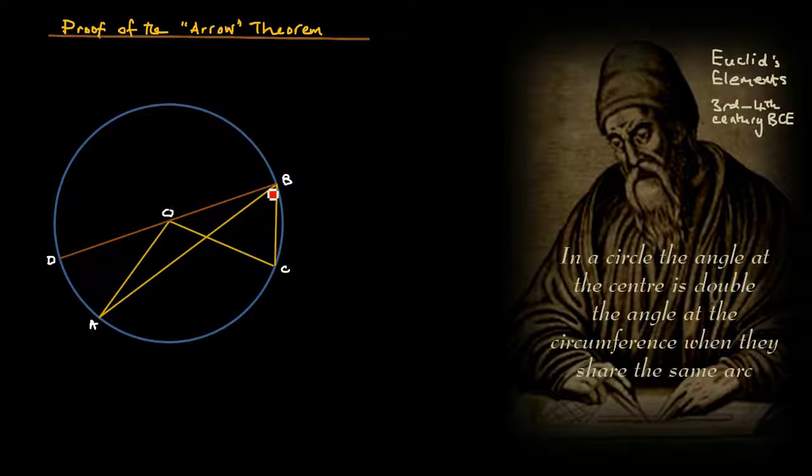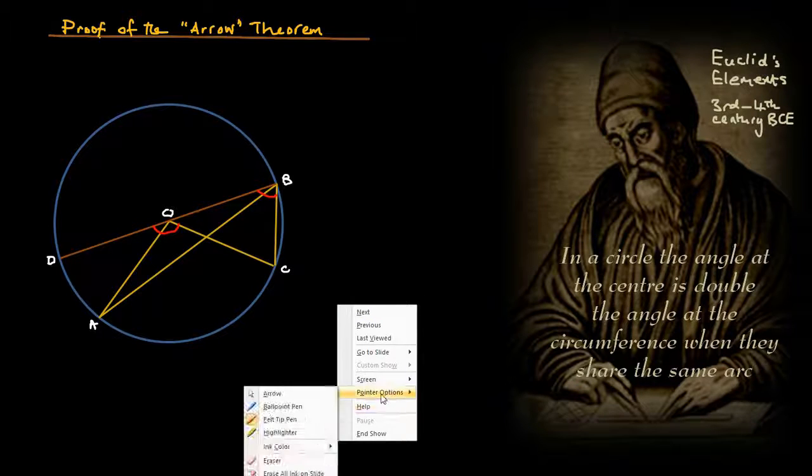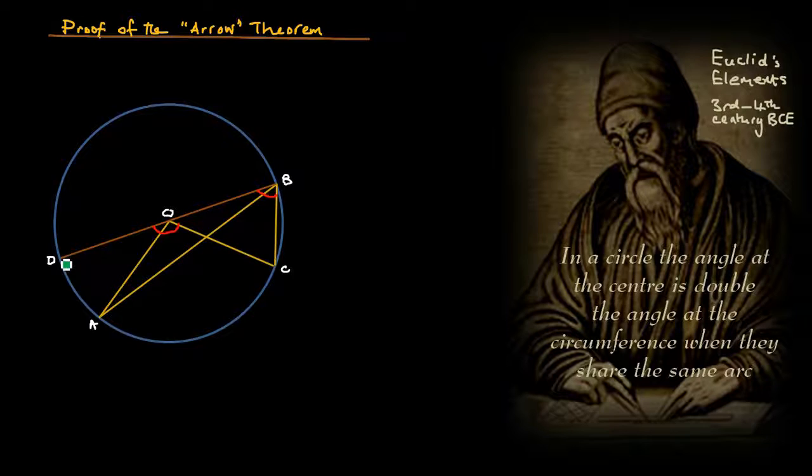So here are 2 angles, one at the centre and one at the circumference, made here and here. So this angle must be twice this angle. And we've got another shared arc, which is just between D and A. So that defines this angle here as being twice this little angle here.